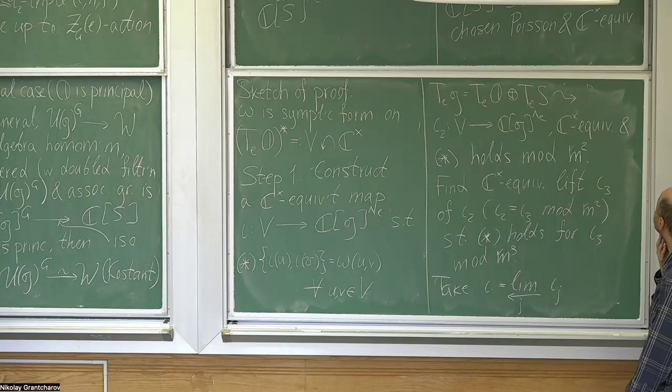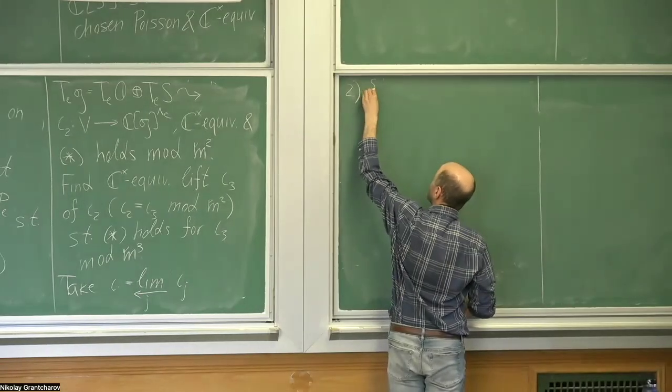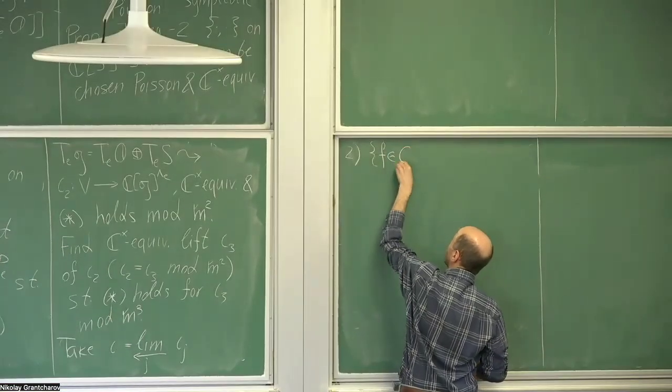So now let's again get some inspiration from what we want to prove. If the isomorphism on top is Poisson, then the second factor is the Poisson centralizer of the first factor. So what I should do with my construction is consider the Poisson centralizer of the image of iota.